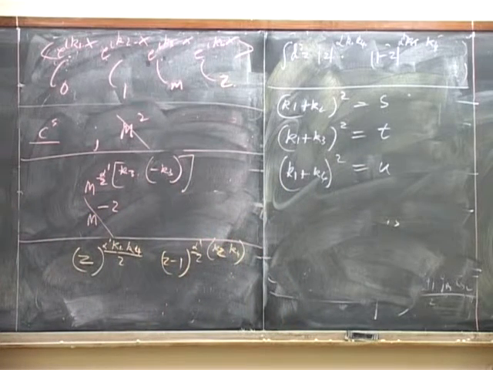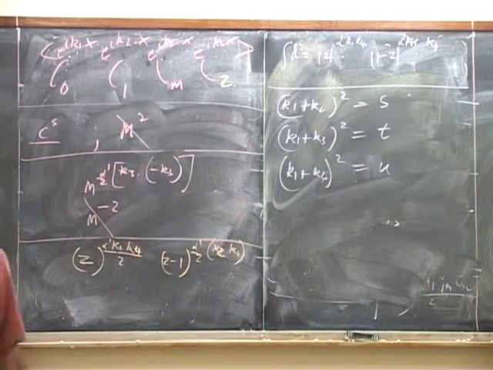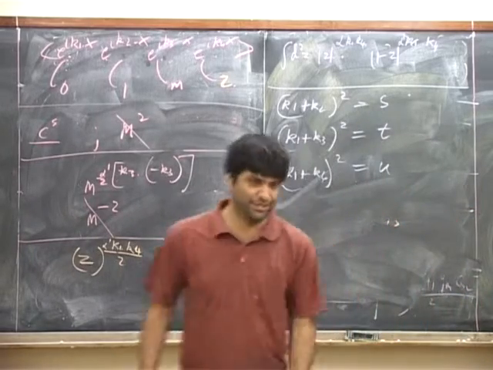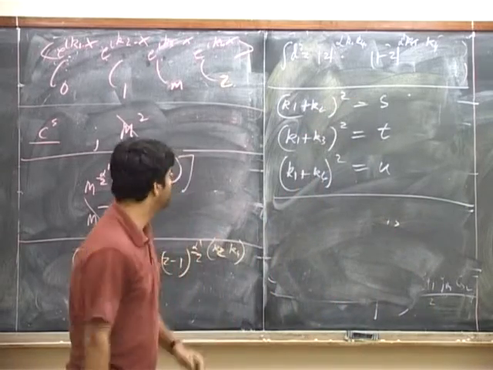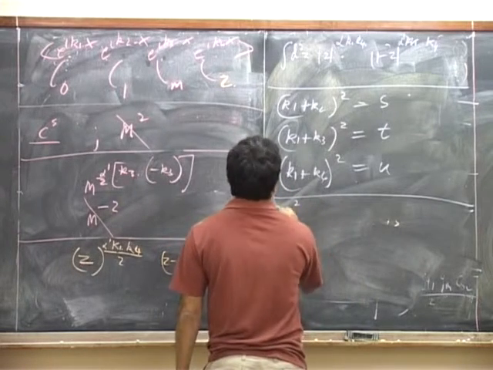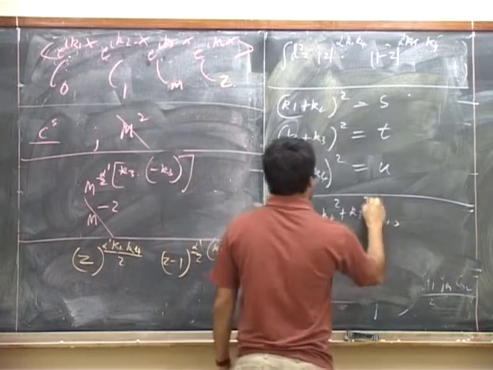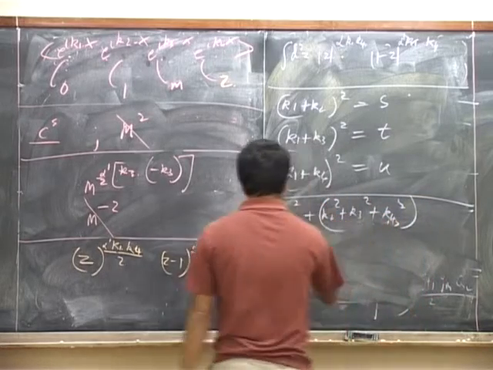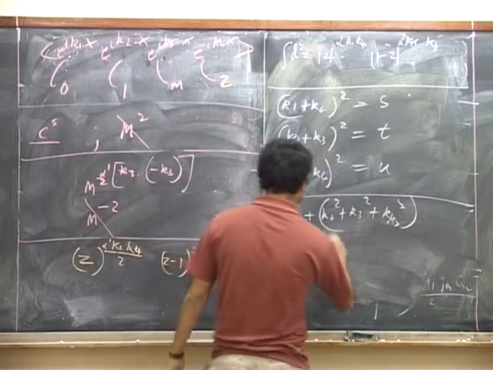There are 3 ways of dividing 4 objects into groups of 2. So you might think that these are independent, but they're not, because of the mass shell condition. Let's add the 3 of these together. We get k1 squared 3 times plus k2 squared plus k3 squared plus k4 squared, and then plus 2 k1 dot k2 plus k3 plus k4, but that's minus k1.